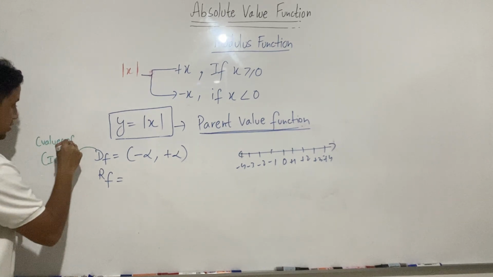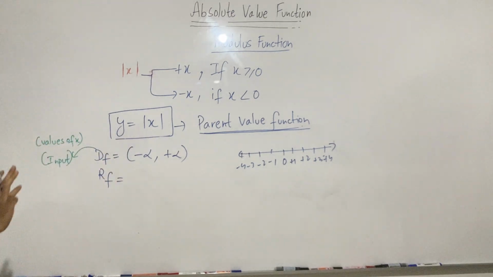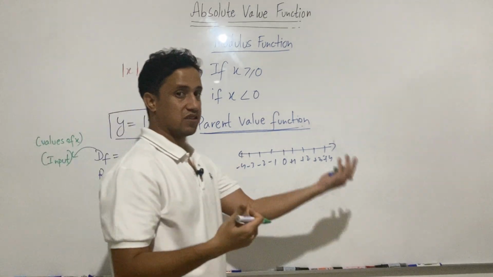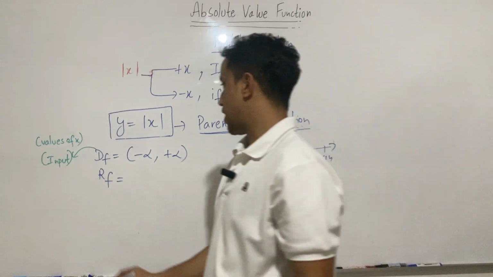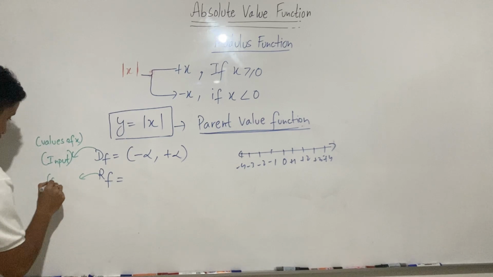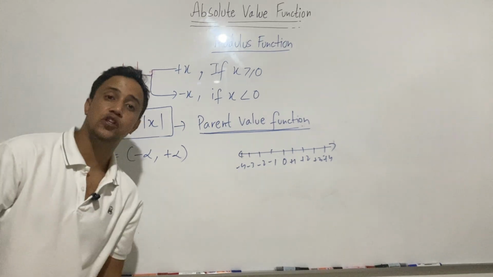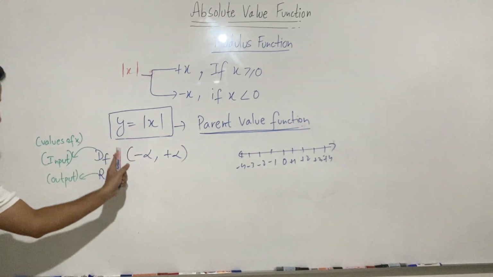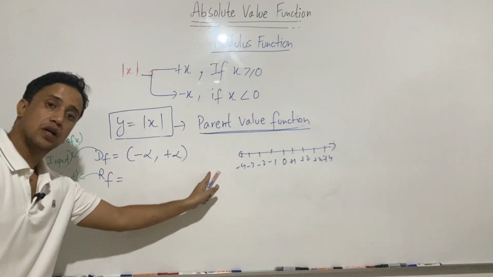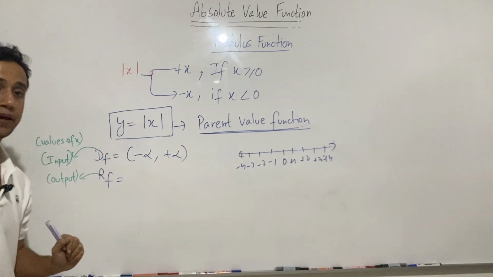It can take a positive value, it can take a negative value. So domain means input, and range means output. What's going to be the value of y when you put any number from your domain here?